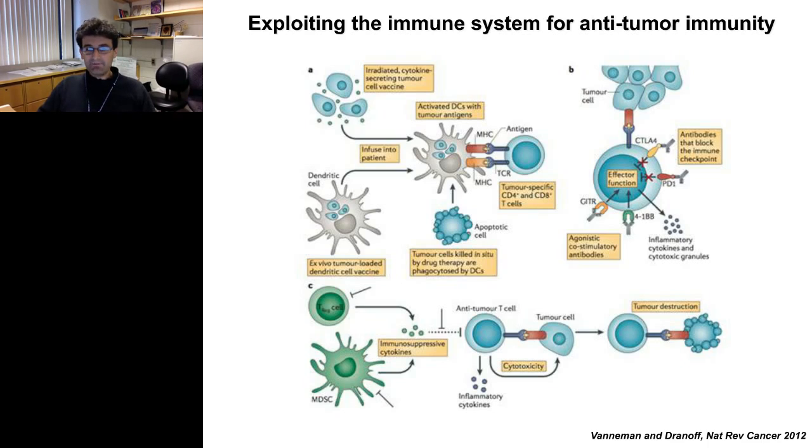And this effector function can be modulated either by agonistic co-stimulatory molecules or by antibodies that block immunosuppressive molecules, typically CTLA-4 and the PD-1 ligand system. We will talk about the potential therapeutic use of these tools later on in the presentation.